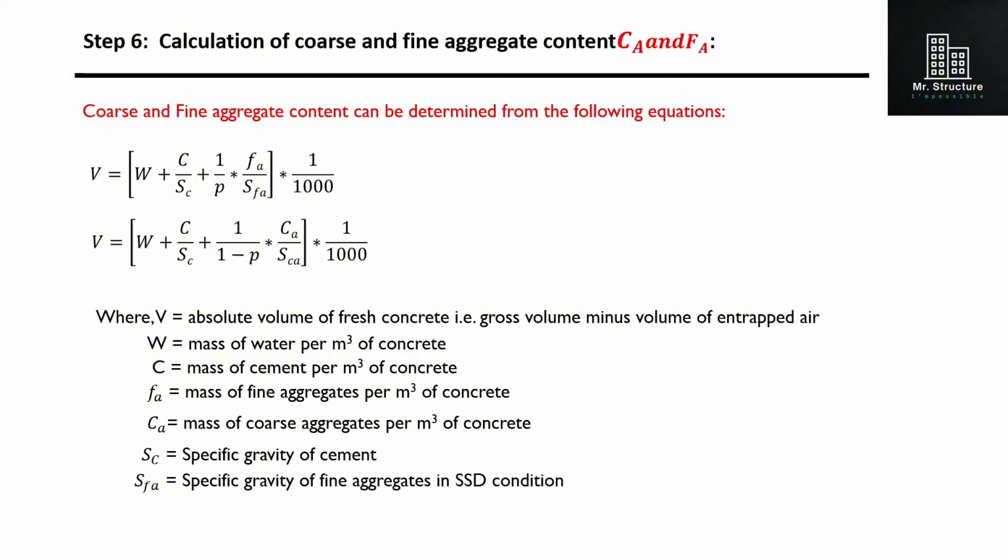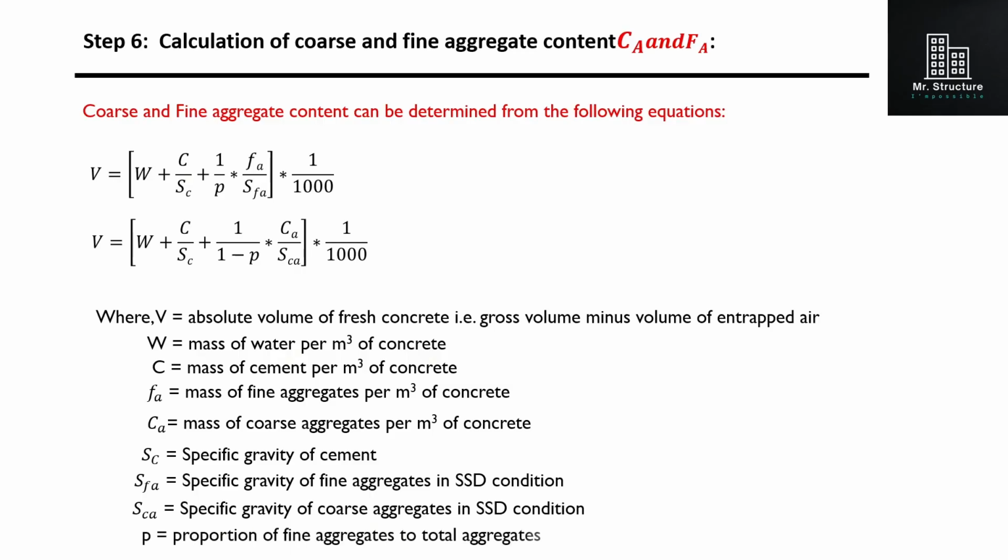Sfa is the specific gravity of fine aggregate in saturated surface dry condition. Sca is the specific gravity of coarse aggregate in SSD condition. P is the proportion of fine aggregate to the total aggregate.